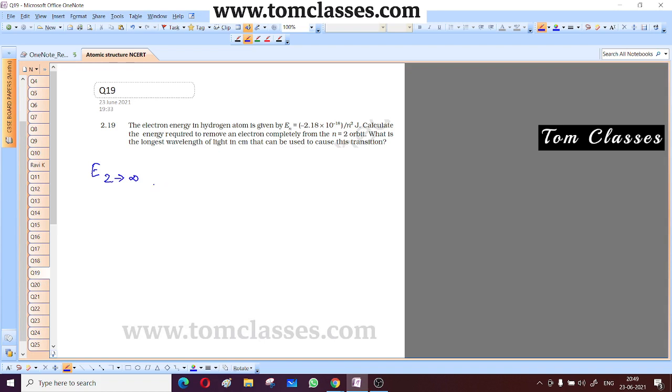So the energy required, delta E, is minus 2.18 into 10 to power minus 18 joules times (1 by 2 square, the initial state, minus 1 upon infinity square).